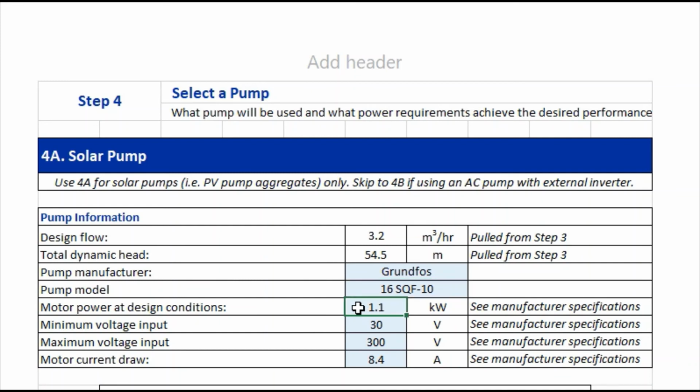Then, looking at the specifications for this pump, we can see that the motor power at our design condition, that's the design flow rate and total dynamic head, was 1.1 kilowatts. Our minimum voltage input was 30 volts, the maximum voltage input was 300 volts, and our motor current draw is 8.4 amps. So that's the information required to enter on the spreadsheet for step 4.